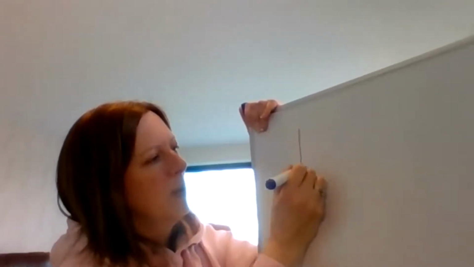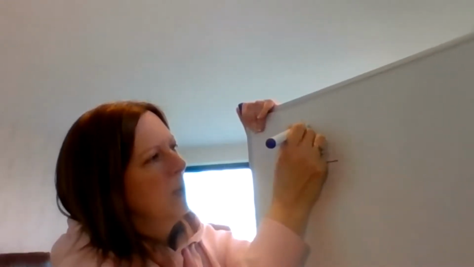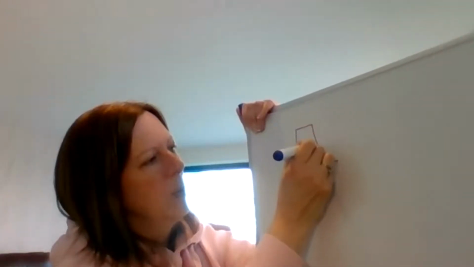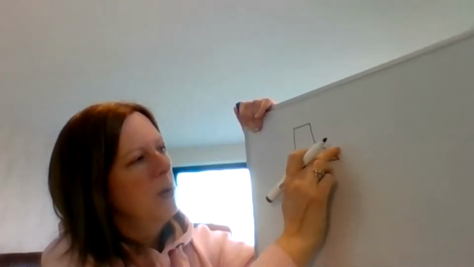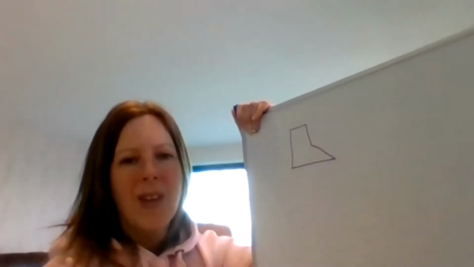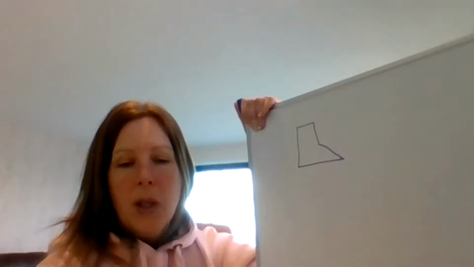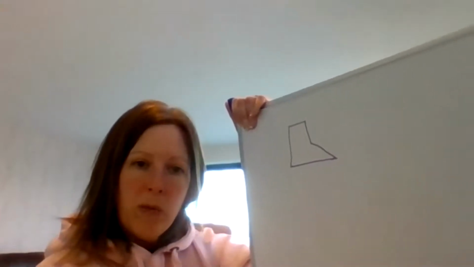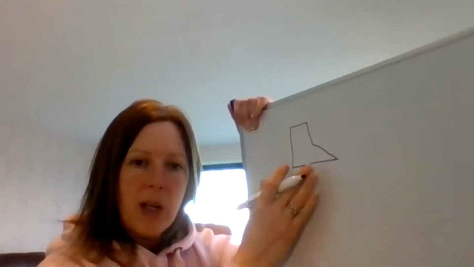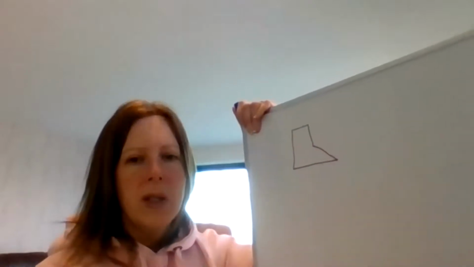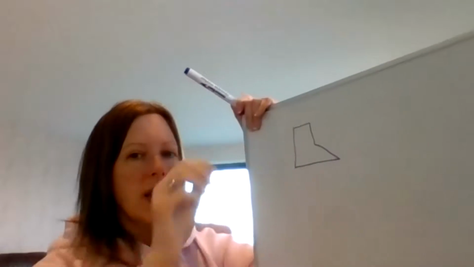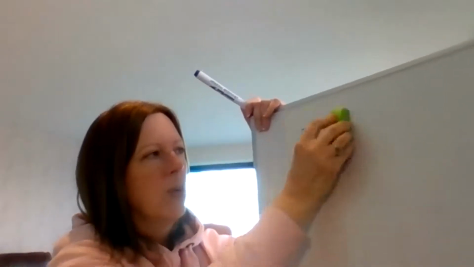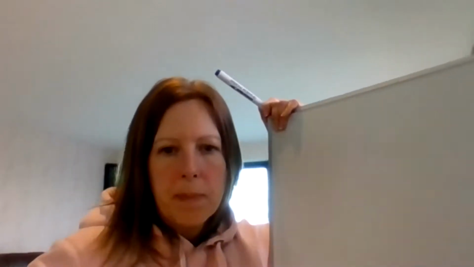So 1, 2, 3, 4, 5. There's a 5-sided shape. That's an irregular pentagon. So as long as your shape has got 5 straight lines, 5 sides to it, then you can give yourself a little tick to say that you have drawn an irregular pentagon.